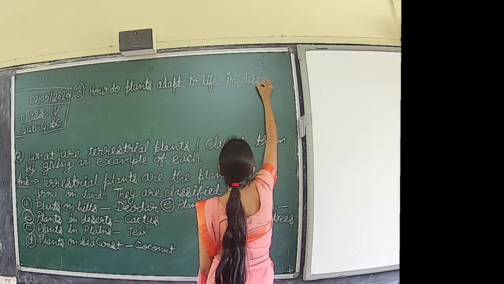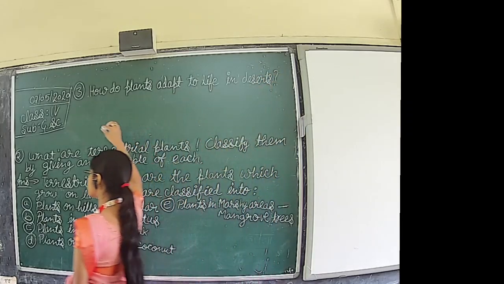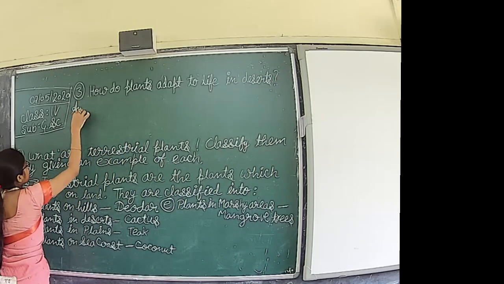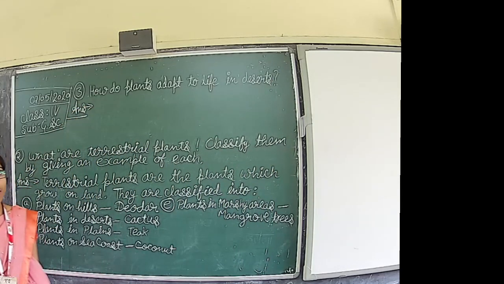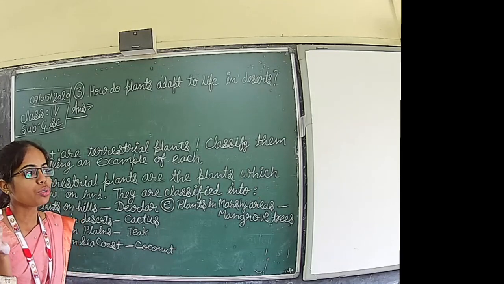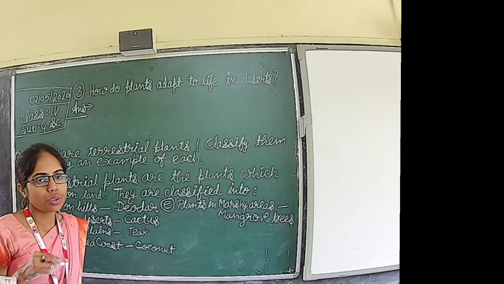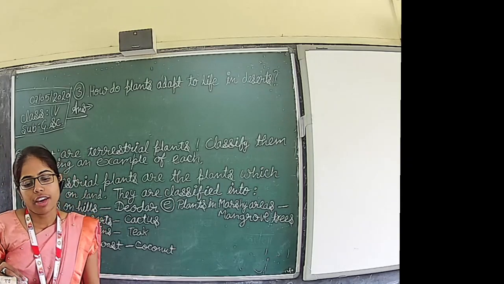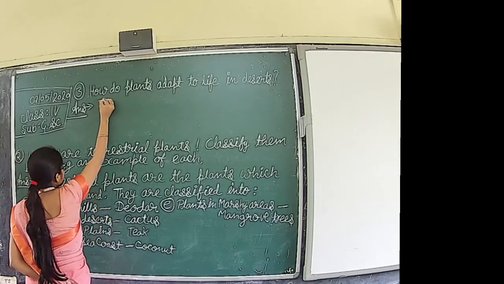We have studied about these desert plants, and we have studied that they have certain special features which allow them to survive there, or which have adapted these plants to live in that particular region. And now we have to write the answer for that.